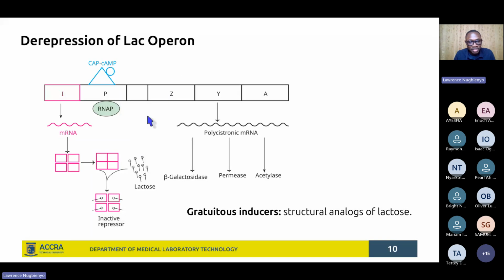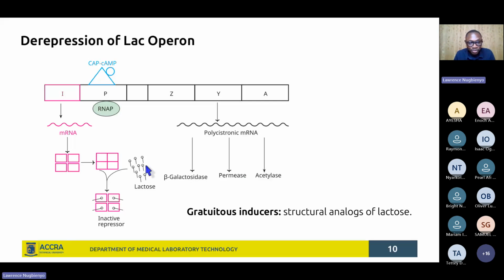And this process of gene expression of the Lac Operon starts, the permease goes to bind onto the cell membrane of the bacteria, making the cell membrane more and more permeable for more lactose molecules to enter into the cell until all the lactose molecules are consumed.